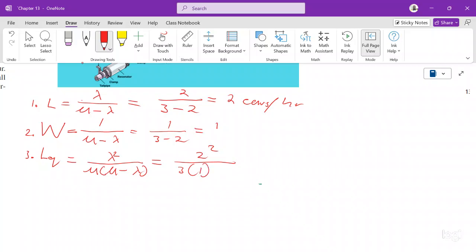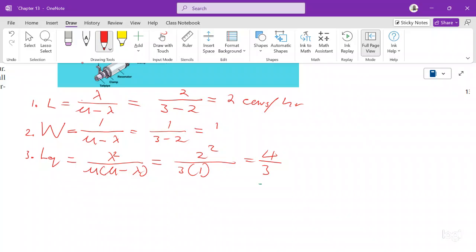That is 4 over 3. You can leave it as a fraction. This is one chapter where fractions are more recommended than your normal decimal numbers. This is 4/3, I need to just confirm it.